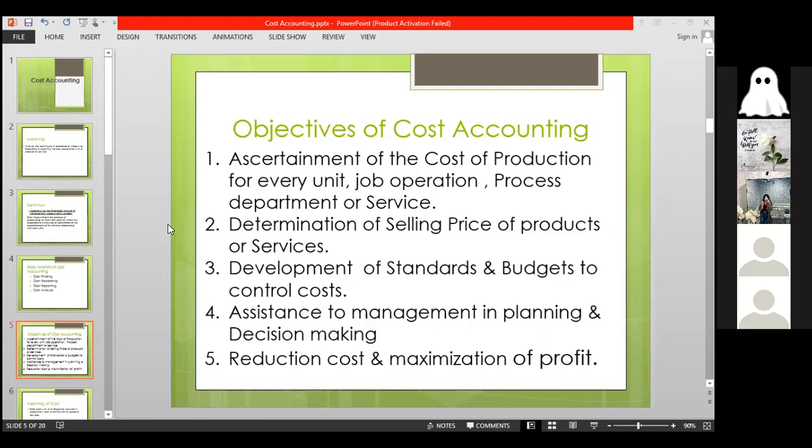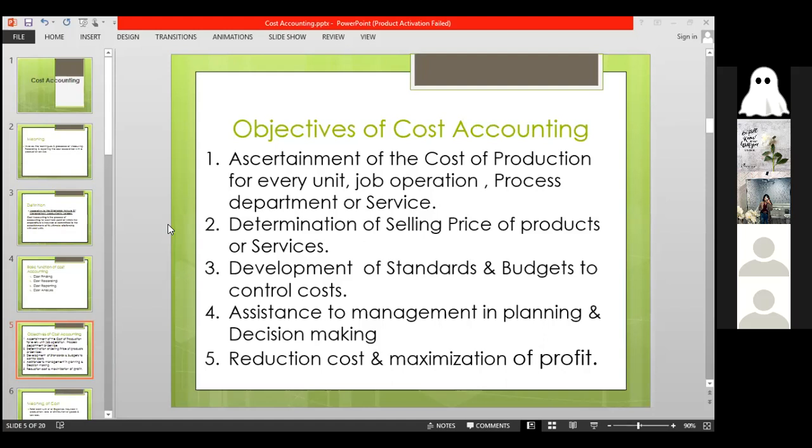But in the cost accounting world, you can still determine selling price depending on cost accounting. For example, you determine that the production price of something is, let's say, $10.8.